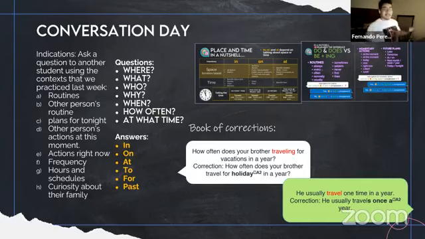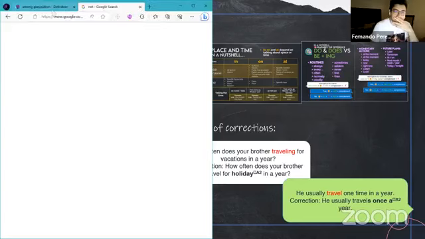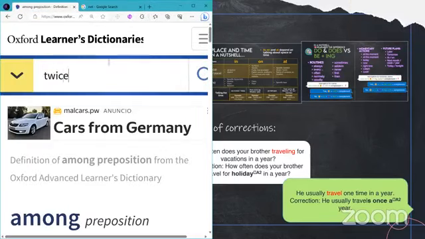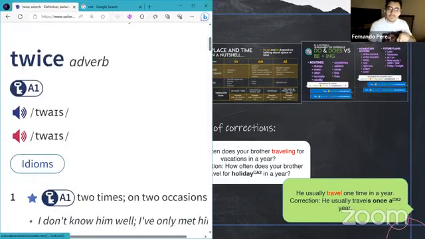Okay, so everybody, guys, don't say one time. It's better to use once or twice. Do you know the expression twice? This is new, probably. It's like two. Exactly. Once is one time, and twice is two times.